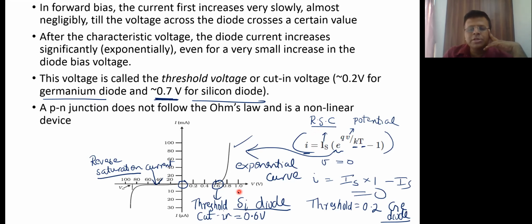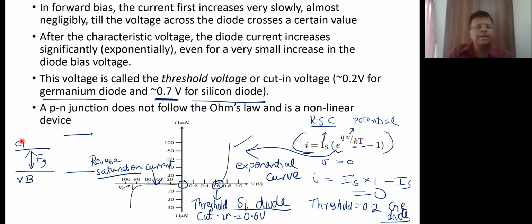Now, if you compare the germanium device and the silicon device, which device has a smaller energy band gap? This smaller energy band gap between your valence band and conduction band, is that for germanium or is it for silicon?